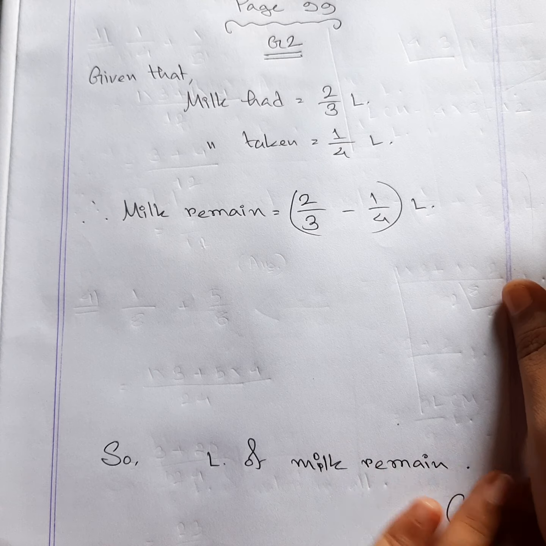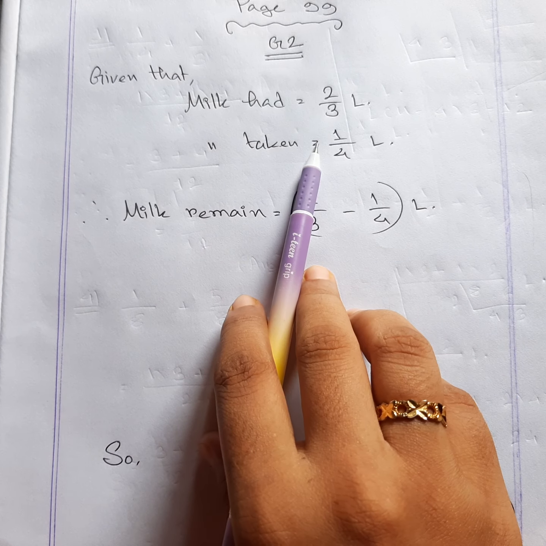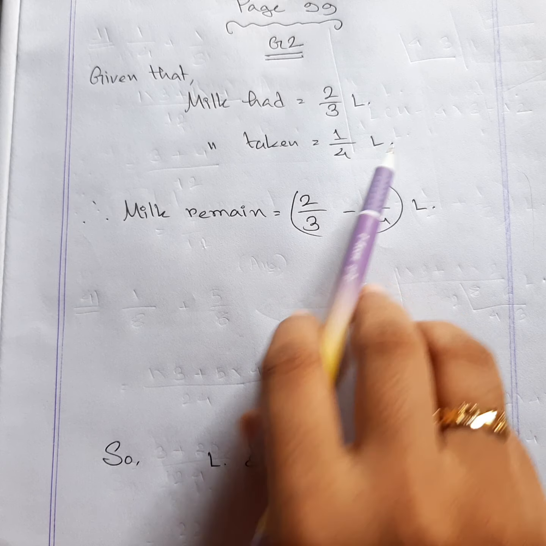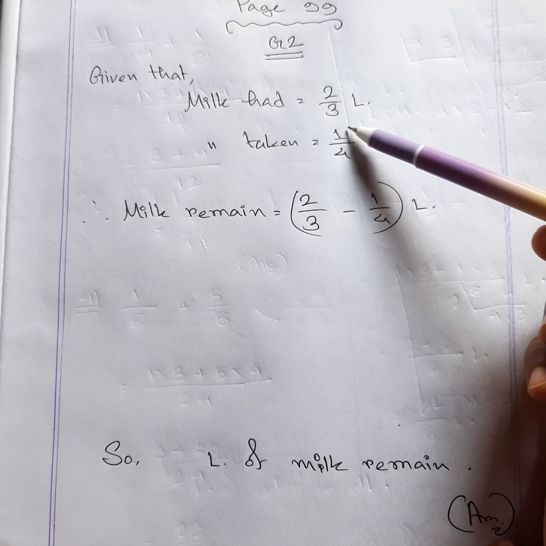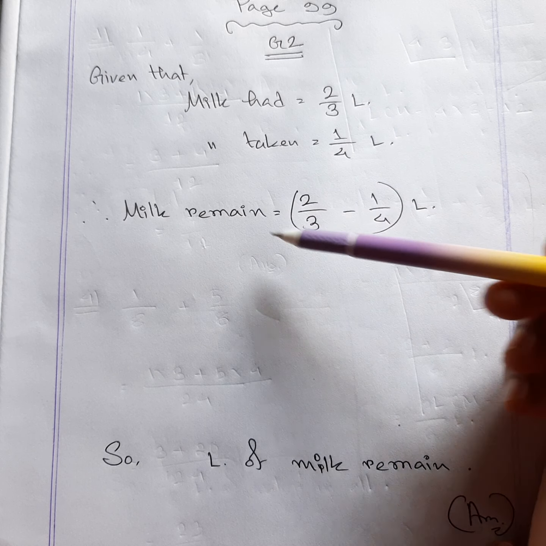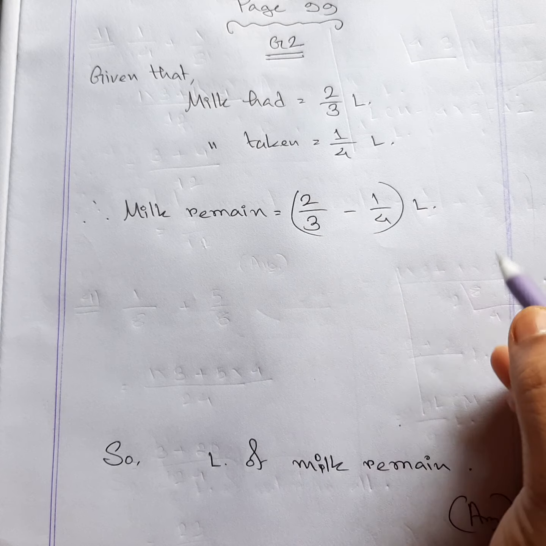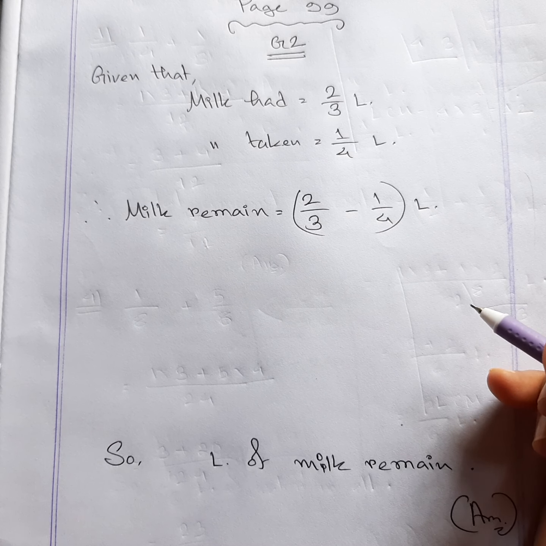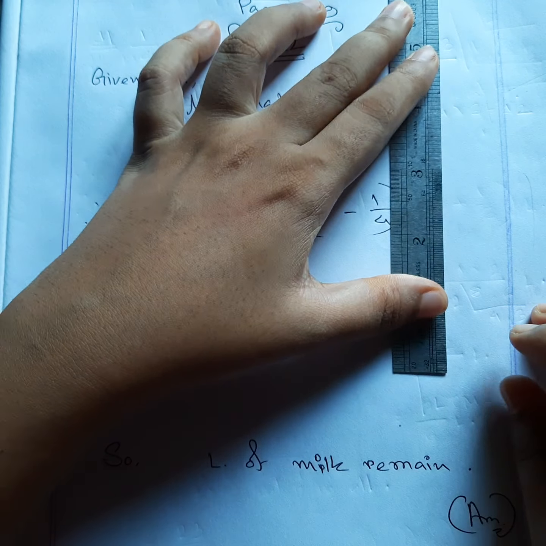You can see that I have already written, given that milk had 2/3 liter, milk taken 1/4 liter. So we need to subtract, you need to remove that taken part from the total part. So milk remaining, I have written down over here, and this is not addition, sorry, we are taking out, that means it's actually subtraction.